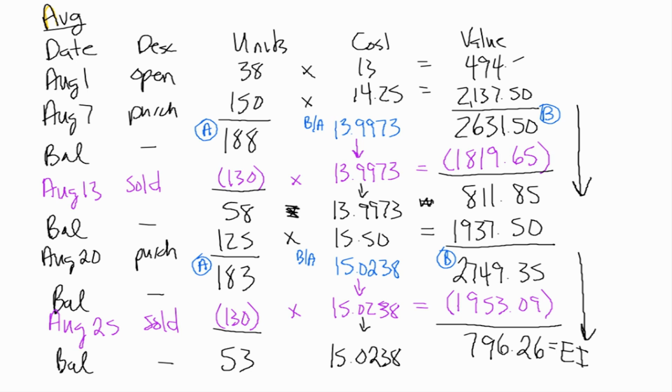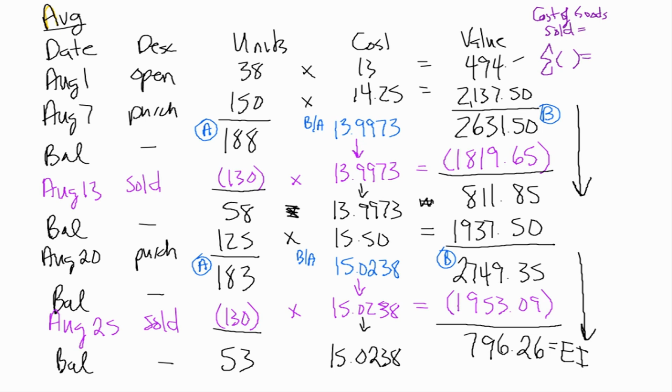What is the total for cost of goods sold? Well, that's easy. Cost of goods sold is equal to the sum of all the items in the bracket.